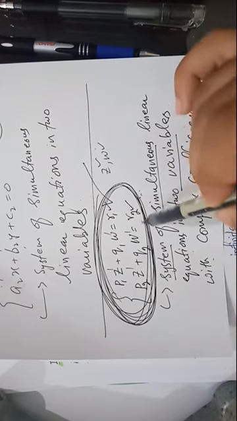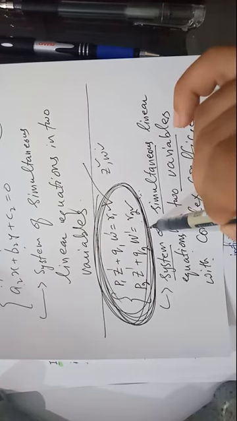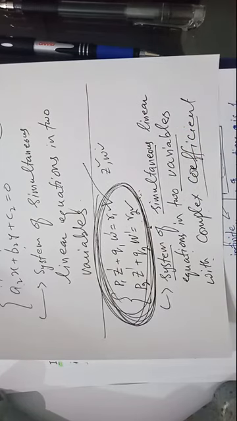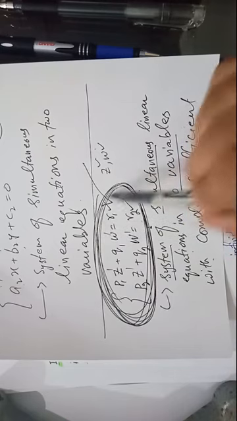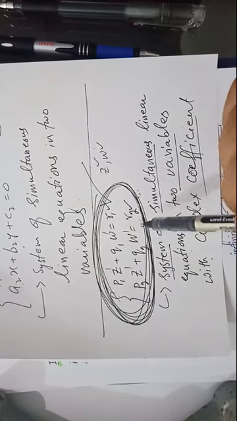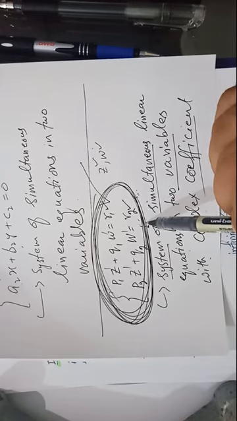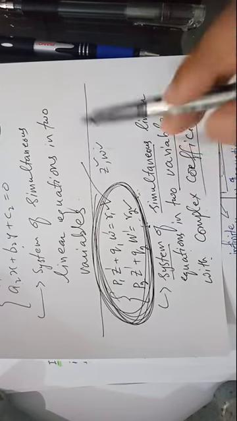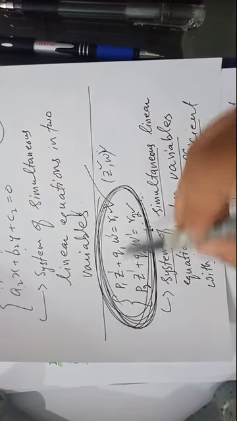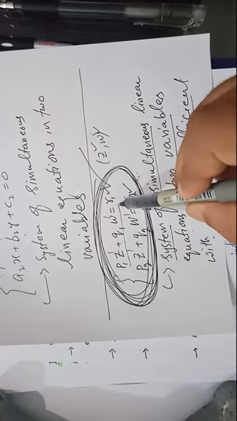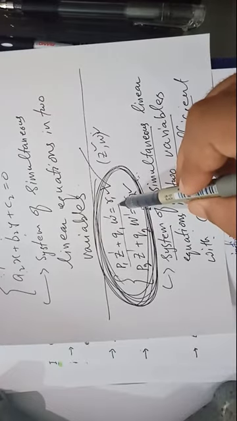So inshallah in the coming video we will start from here. You see that I gave all the background knowledge for this. We will study how we can find the solution of this and which method will be used to get the solution. And actually that solution must be in ordered pair form, because this is a linear equation in two variables, so its graph must be a straight line.